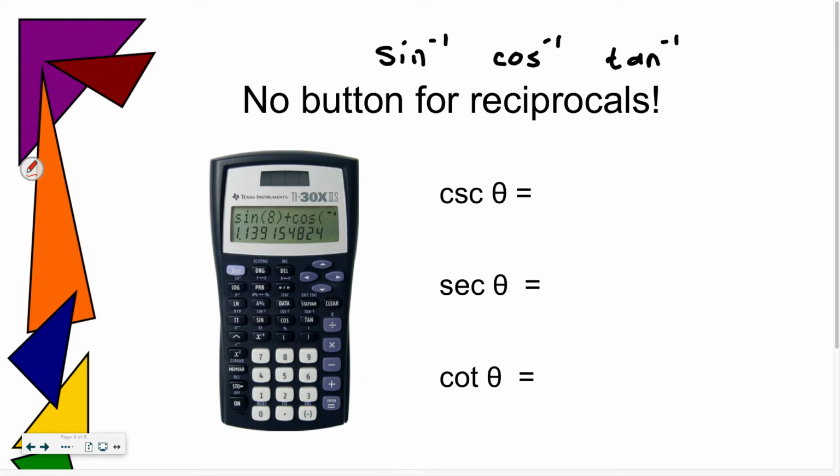These are not reciprocals. We'll use them later. They are inverses. So when you see that sine with the -1, you say inverse sine, inverse cosine, inverse tangent.